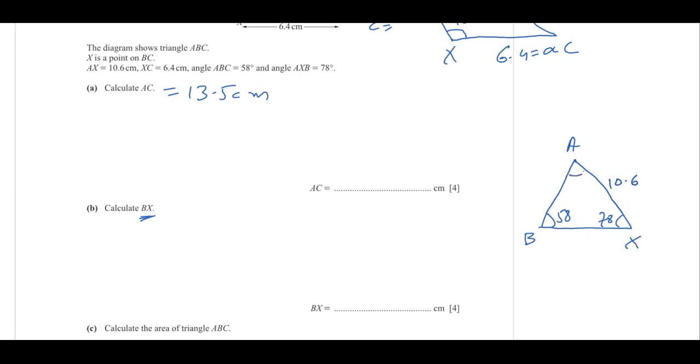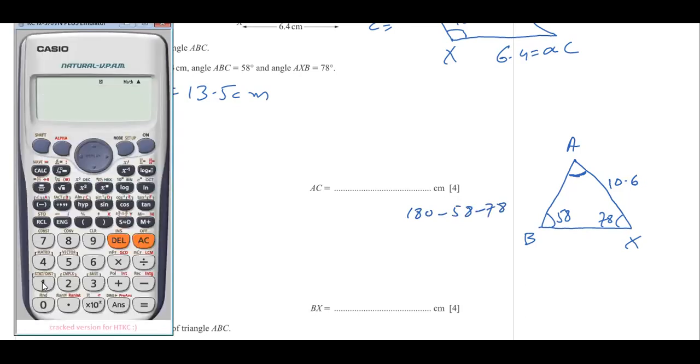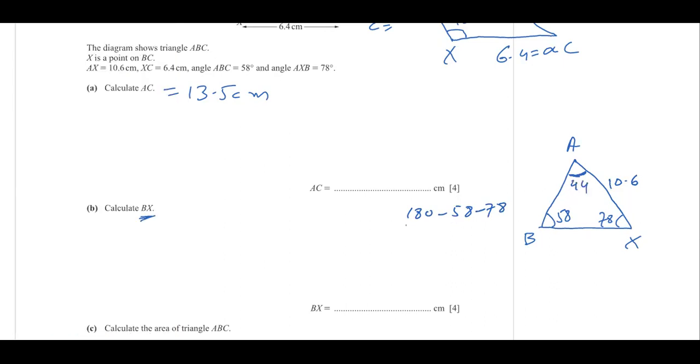Let's find the third angle first. What will this third angle be? The third angle will be 180 minus the other two angles, because then it will be easy for us to apply the sine rule. 180 minus 58 minus 78, so 44. This angle is 44. Now once we found this angle, let's say this is A, this is opposite B, this is opposite X. So I want to find this side.